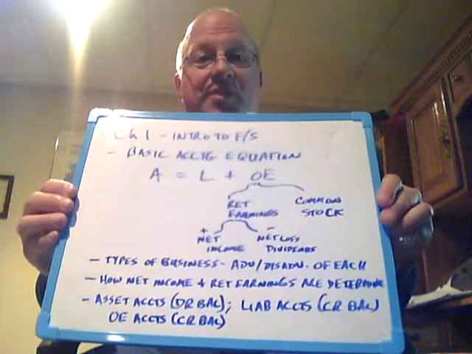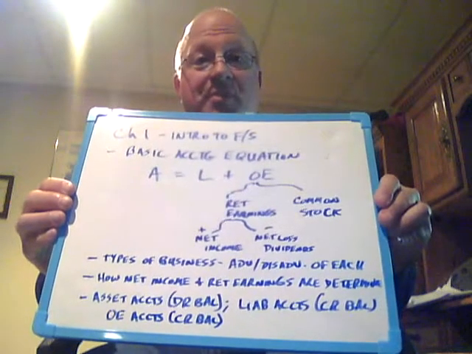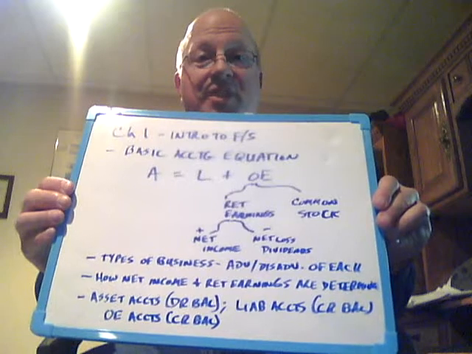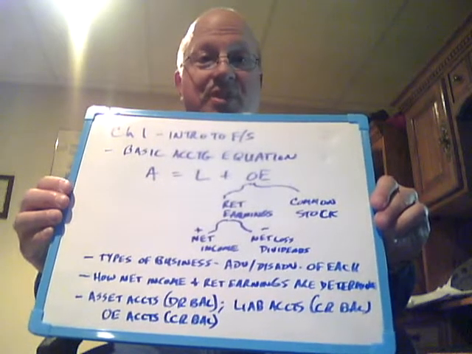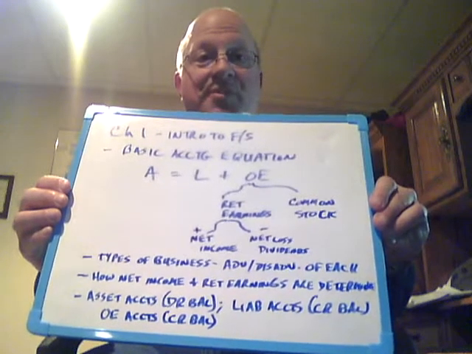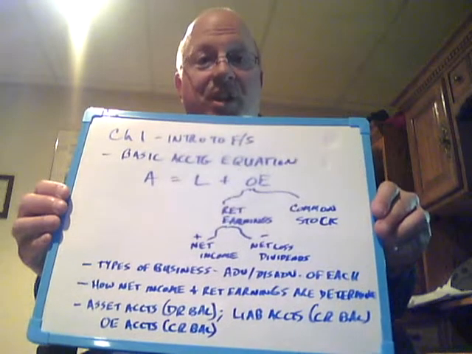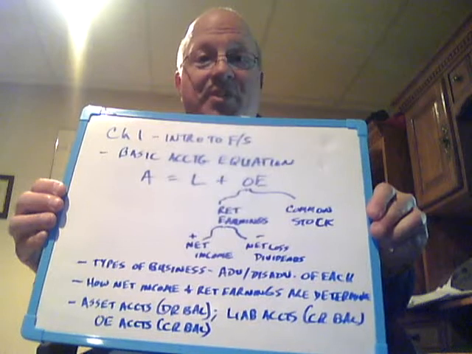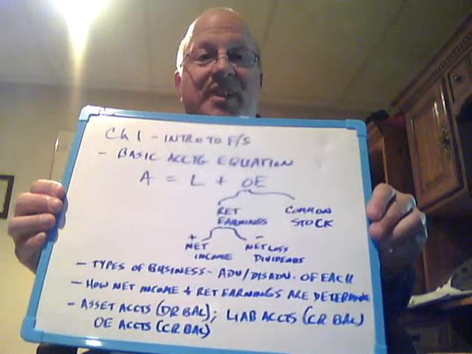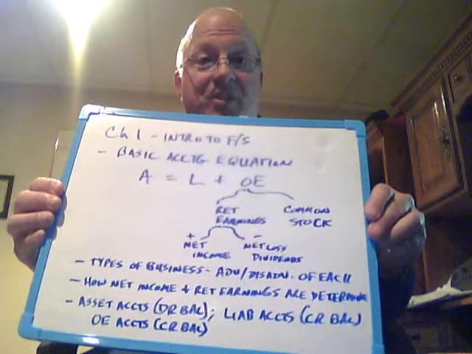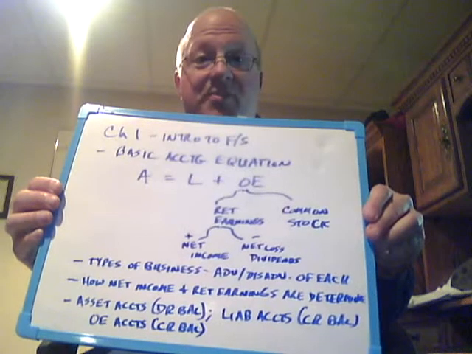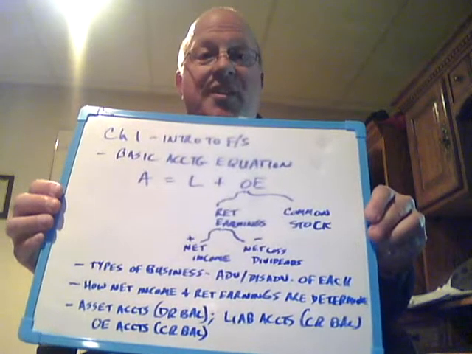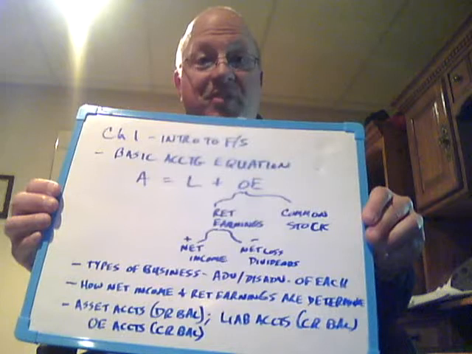You need to know the 3 main types of businesses, the advantages and disadvantages of each, as were discussed in the chapter and in class. You need to know how net income is determined and how retained earnings are determined. And you remember, of course, the income statement and the statement of retained earnings, and of course the balance sheet.